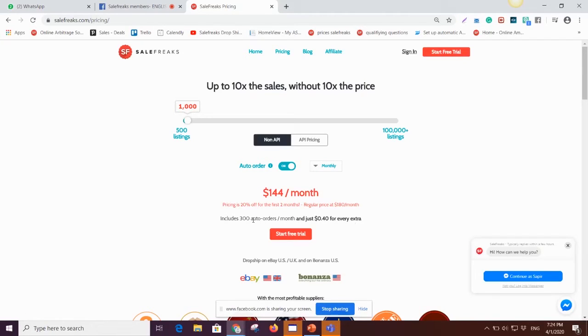Usually the number of monthly orders should be correlated with the number of sales that you can make with this size of a store. You know what I mean? Like 300 free auto orders a month are about 10 orders daily on average. So on average, if you have a 1,000 item store, you should be making around 10 sales a day.